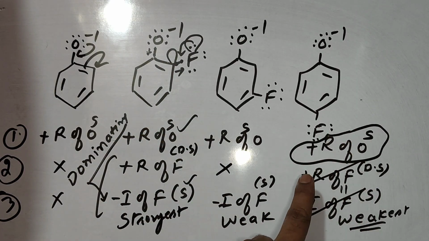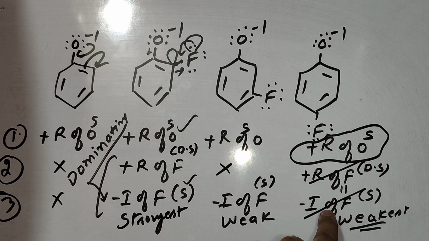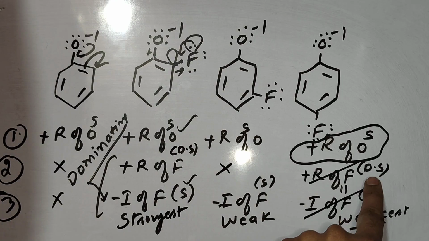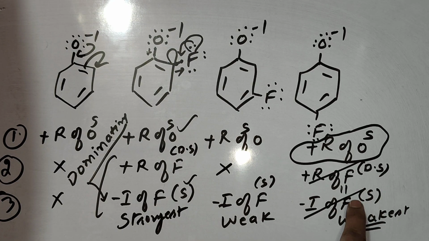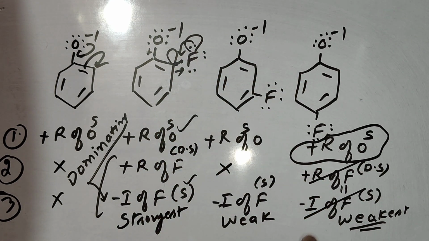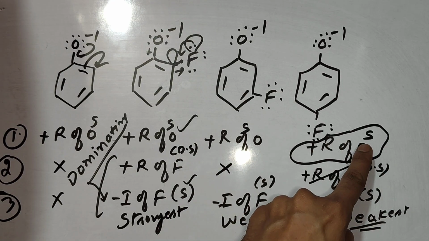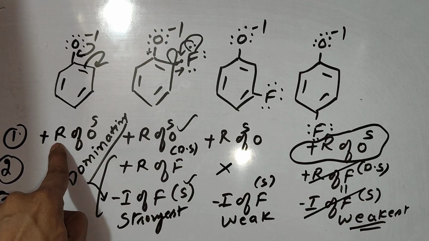Come here. Plus R of fluorine and minus I of fluorine are getting cancelled. They are almost balancing each other. Plus R was saying destabilize, minus I was saying stabilize, and the powers are almost the same because minus I is very, very weak because of distance. So they are getting cancelled. So only one factor is left, plus R of O, which is also available here.